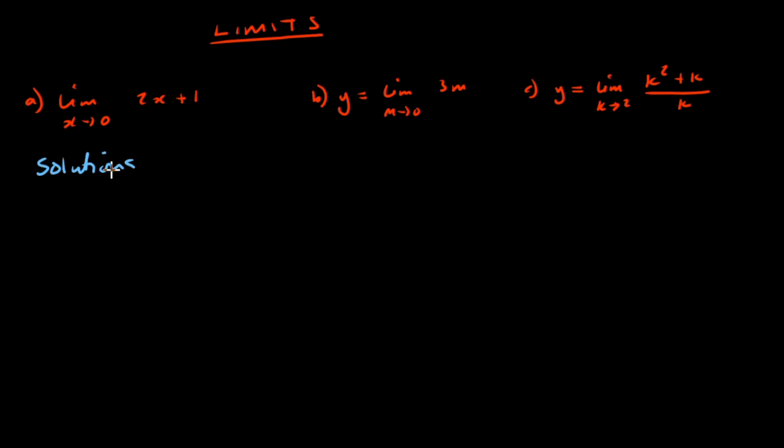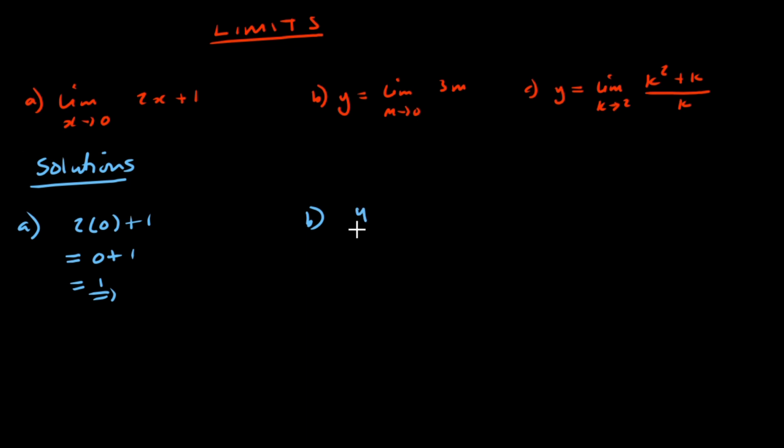So let's look at the solutions here. For A, we can easily see that if we plug in 0, there's nothing wrong with that. My answer is simply going to be 0 plus 1, which is equal to 1. Yes, you just plug in 0, just like that. Then you come here, it's saying 3m. So wherever there's m, I'm plugging in 0.